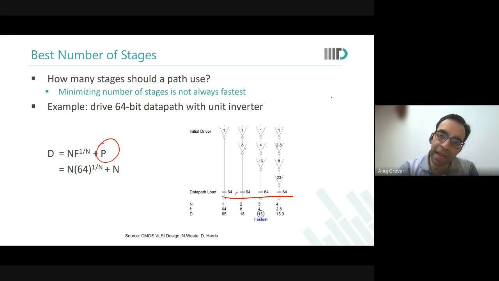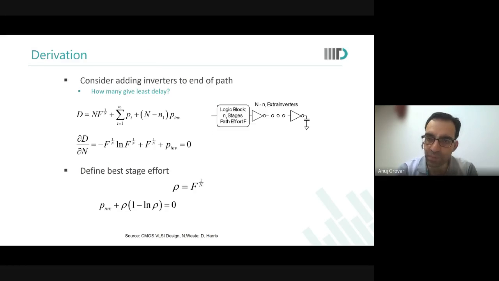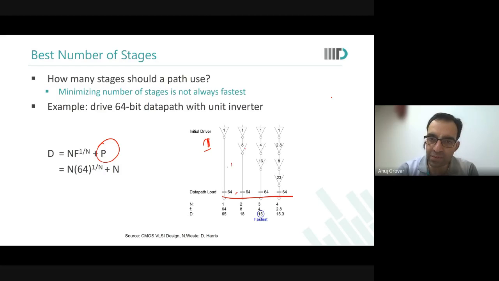Okay, and additionally, you will also start to lose area if you simply add up these. So this is one, very less area but very bad delay. This is 9, worse area but much better delay.